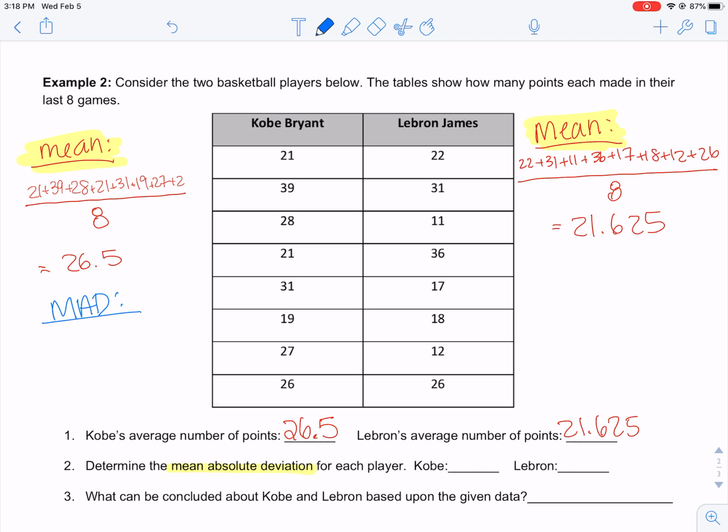If you do each one, you get a list of numbers: 26.5 minus 21 is 5.5, 12.5, 1.5, 5.5, 7.5, 0.5, and then 0.5.